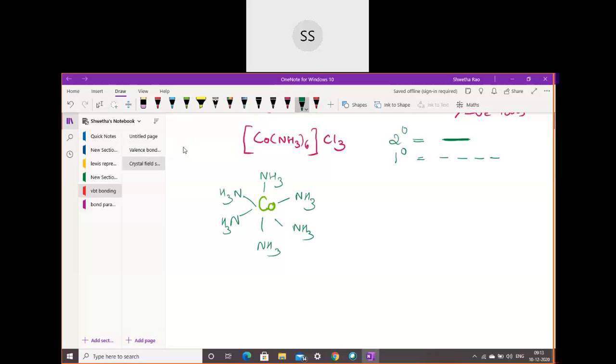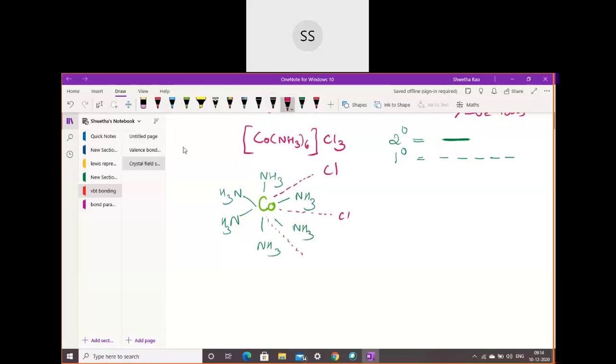So secondary valencies we represent with the solid line. And if they are primary valencies, we dash. This is only for your understanding. It won't be coming, but they will ask you how to find out the primary and the secondary valency. The primary valencies are non-directional, so you can draw them anywhere just to satisfy the charge of the cobalt.